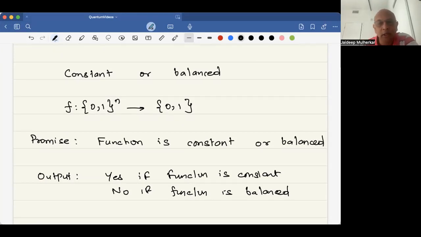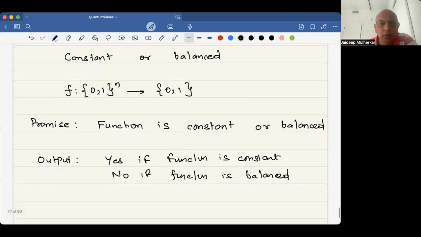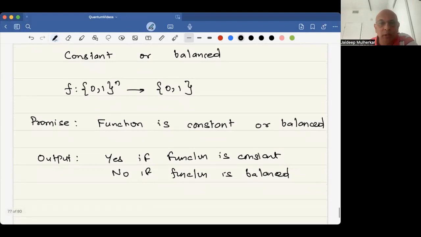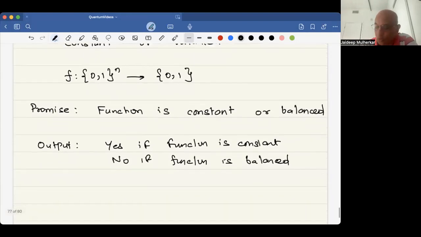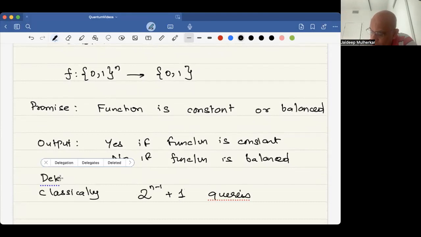Now, in the classical case, we know that we'll have to query one more than half the number of inputs to find whether the function is constant or balanced. So classically, we'll require 2 to the power n minus 1, plus 1 queries, if we use a deterministic algorithm.